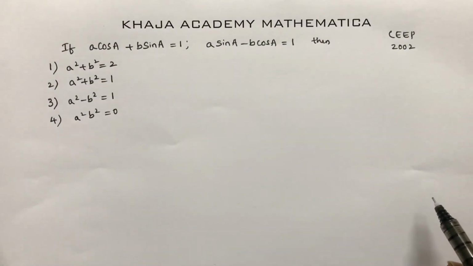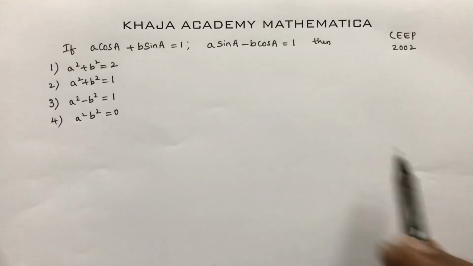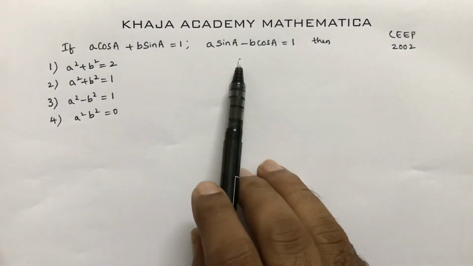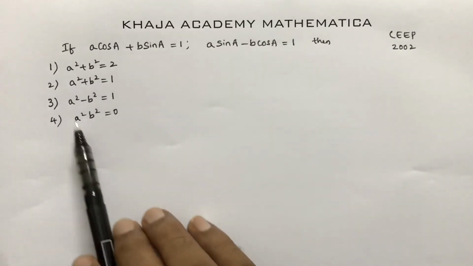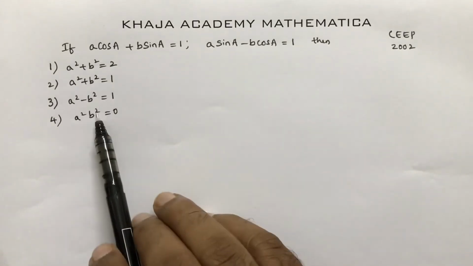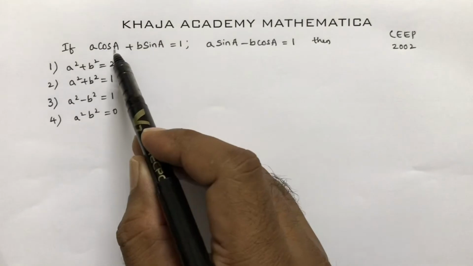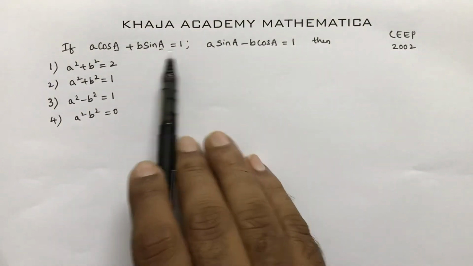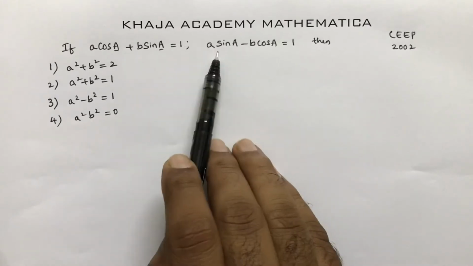If a cos a plus b sin a equals 1 and a sin a minus b cos a equals 1. See here we need to eliminate theta. Why do we need to eliminate theta? Because in the solutions we don't have the angle theta. So what I'll do is square both sides for both the cases and add them.